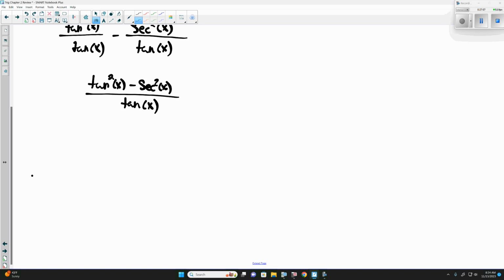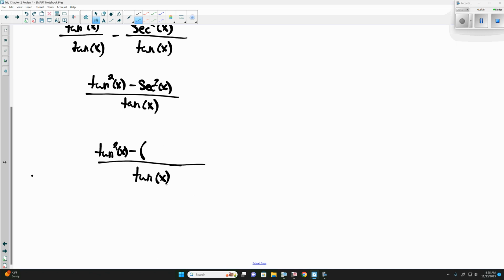So we're going to use one of our Pythagorean identities. Now, one of the Pythagorean identities is that tangent squared plus 1 is equal to secant squared.